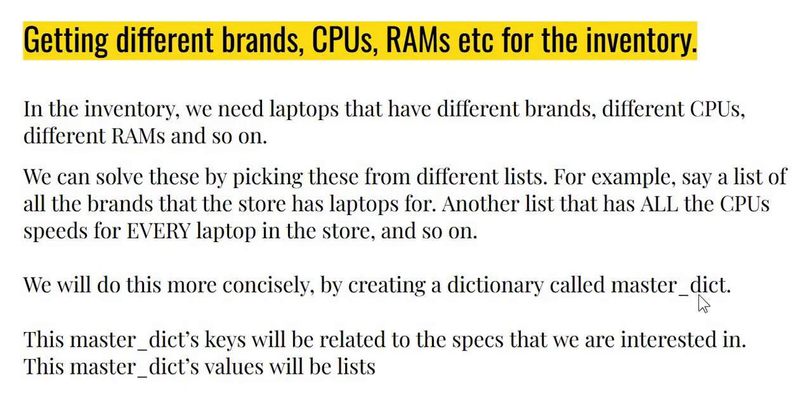And I'm going to do that here. I'm going to create a dictionary called masterdict. Now this dictionary has keys which are related to the specs that we are interested in. And the values of this dictionary are all lists. Now, again, like I said, go slow, think through it, because once this picture is clear, you will find that the code is actually very, very logical. So what are we trying to say here?